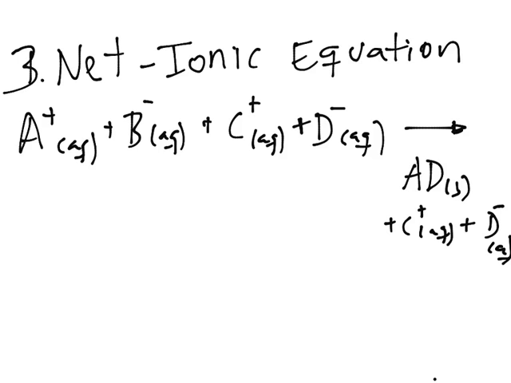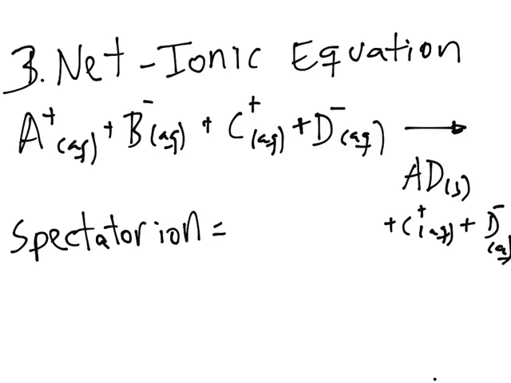So you would omit the spectator ions. A spectator ion would be an ion that cancels out. Like you see, there's a C plus here on the reactant side, and there's a C plus here on the product side. Those two are spectator ions.